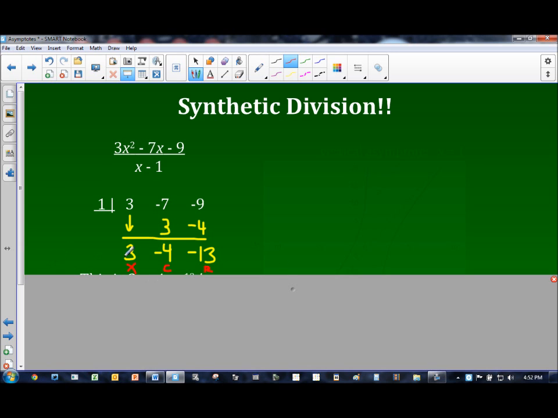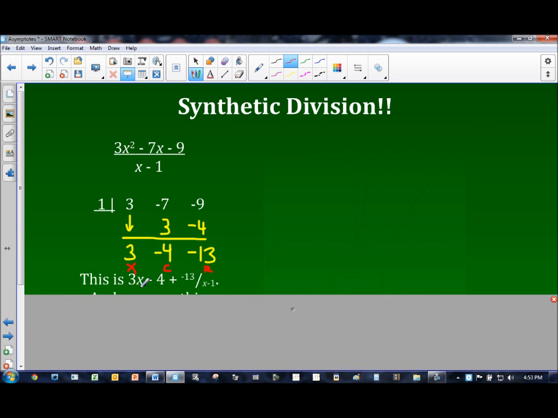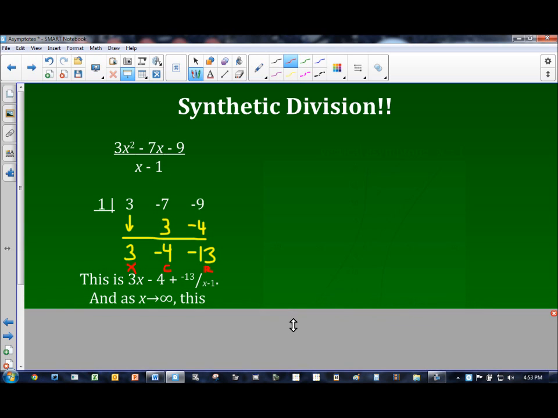So what I have here is 3x minus 4 with a remainder of negative 13, and that's how I write it: 3x minus 4, and I put my remainder over what I was dividing by to begin with, which was x minus 1. So that's my answer. So what I'm looking at is what happens as x approaches infinity.